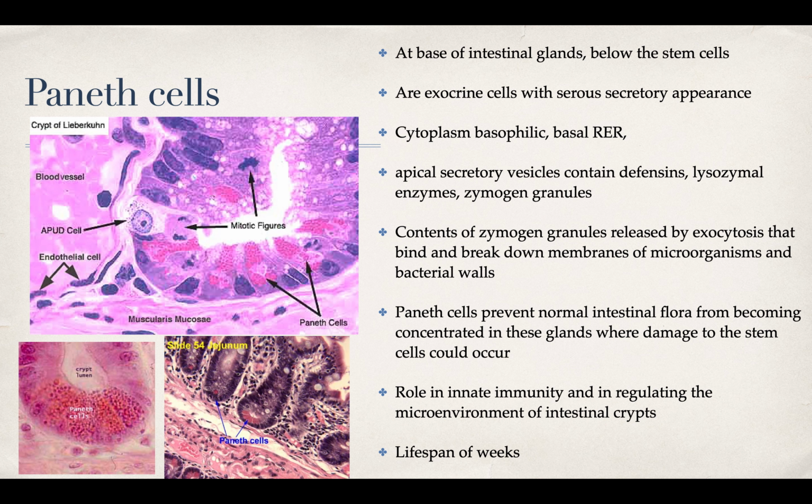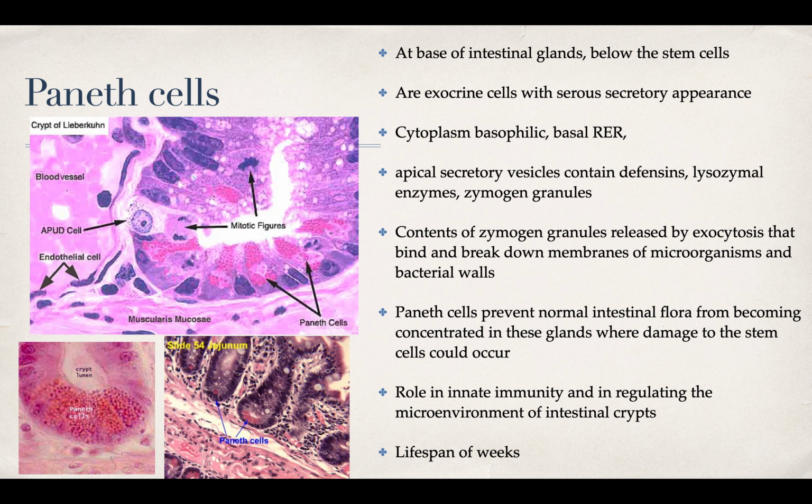Paneth cells are going to be exocrine cells, and they have a basophilic cytoplasm, along with a basal rough endoplasmic reticulum. They have secretory vesicles that contain defensins, some kind of immunological substances that help defend the body, the lysosomal enzymes and the zymogen granules.